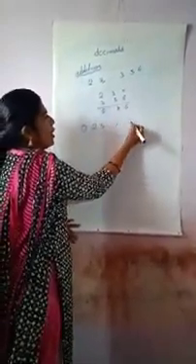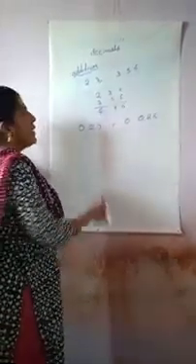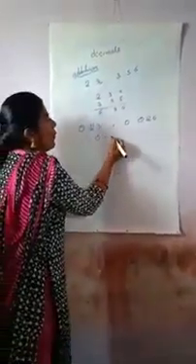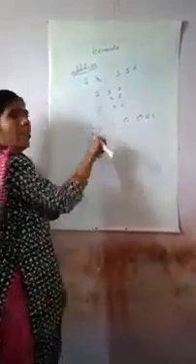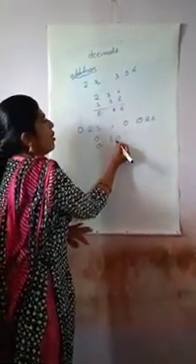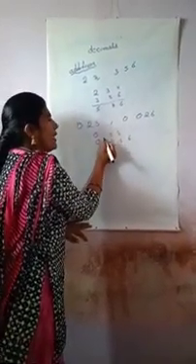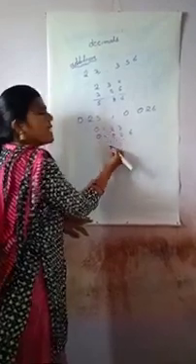0.23, comma 0.026. How much is the addition? Write it clearly and identify the places: 0, 0, 2, 6. The points are aligned, the point is the same.